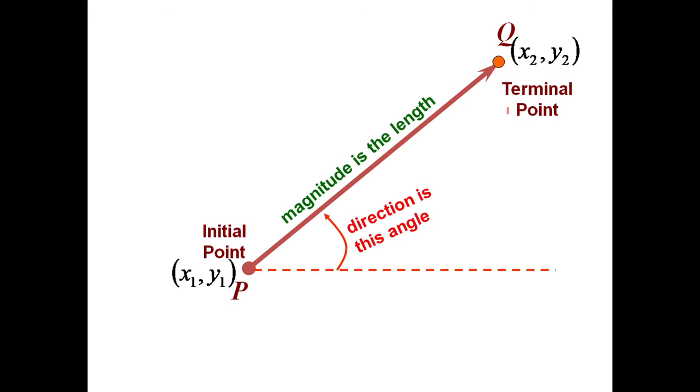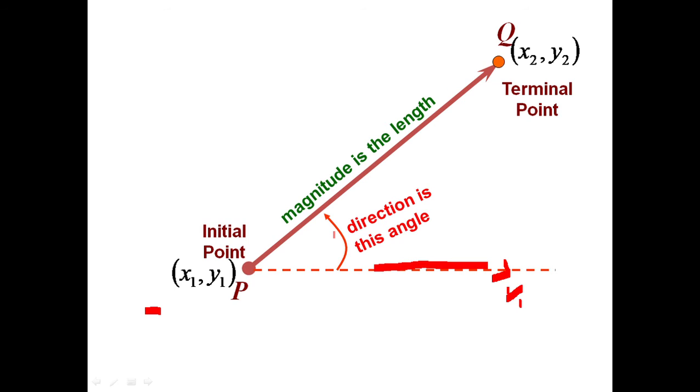We will represent vectors mostly in a coordinate system. Here P has coordinates x1, y1 and Q has coordinates x2, y2. The direction of the vector is represented with respect to some axis. Suppose this is the x-axis of your coordinate system. The angle, this angle, represents the direction of this PQ vector.